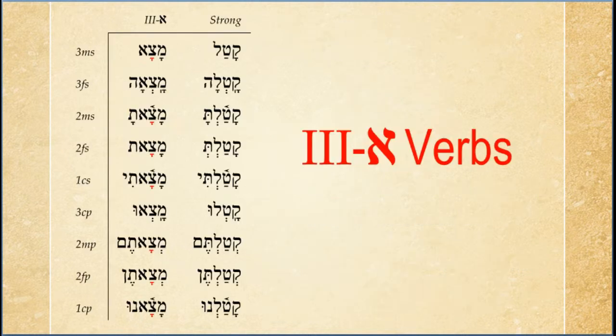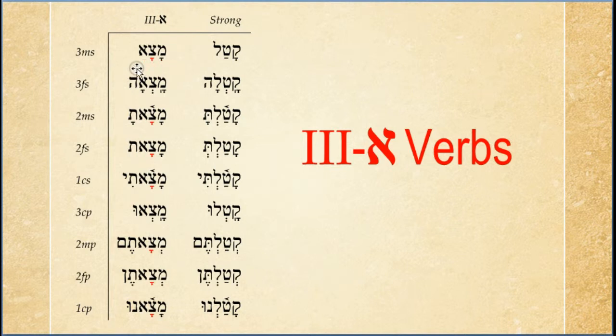So let's look at the paradigm for the aleph appearing in the third position in the verb. This is another weak verb, and once again we have a strong paradigm on the right side, and the paradigm for a weak verb is the one that we are exploring right now. Notice the changes, notice the differences. Well, the first difference that you should notice right away is that there is a pattern of the kamatz.